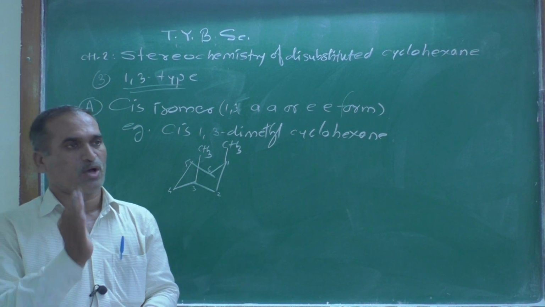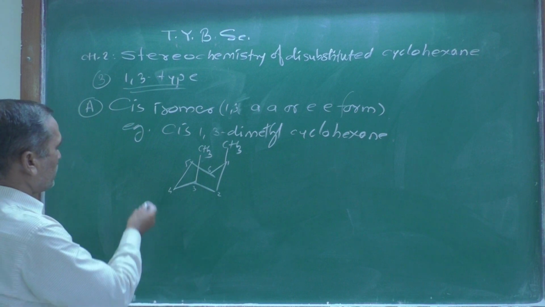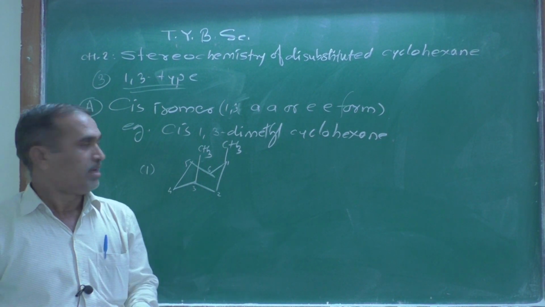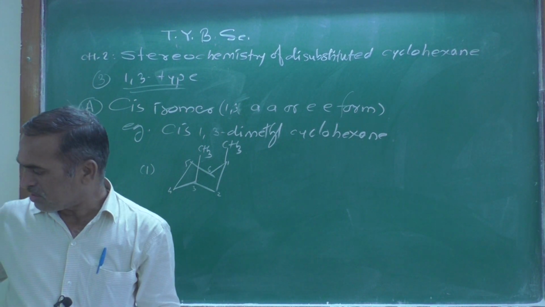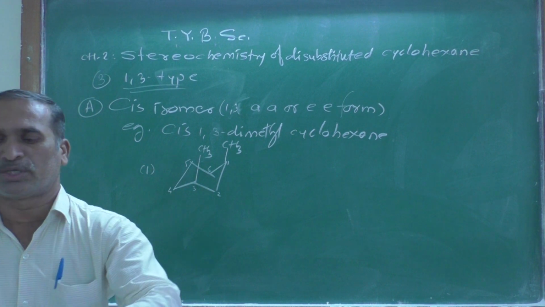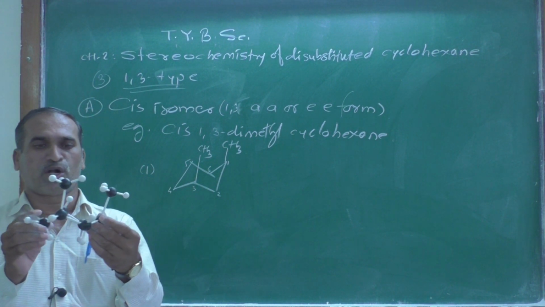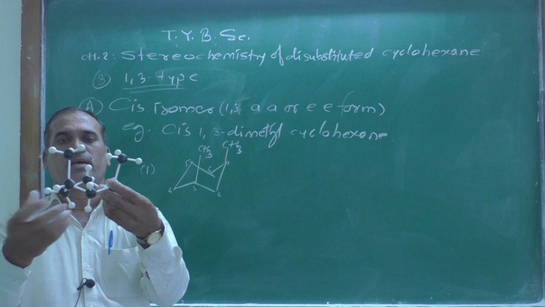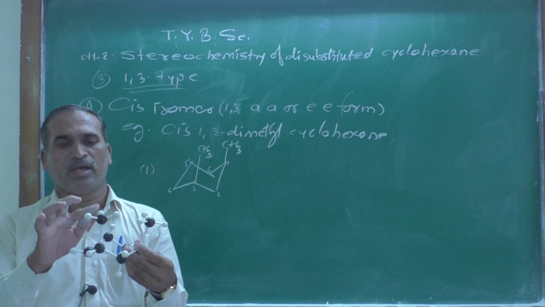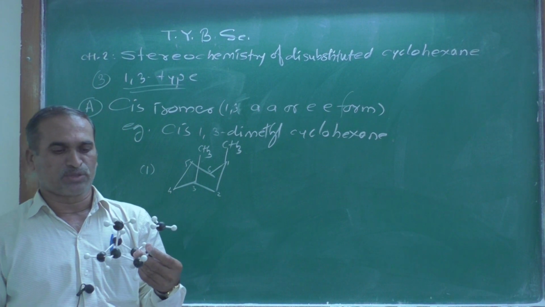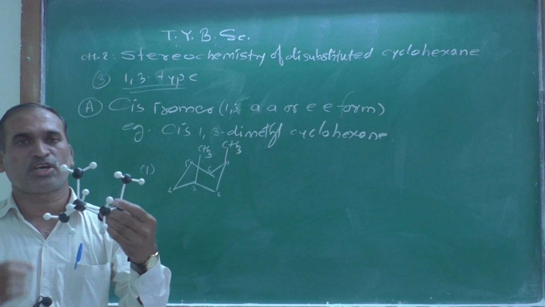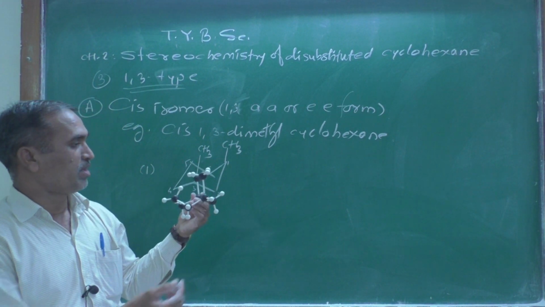Both the substituents are on the same side, and therefore we can call this structure number 1, right? Now let me show you the model, how it looks. By looking at this model, the black indicates carbon atoms and white indicates hydrogen atoms. Look here, this is a chair conformation of the cyclohexane.